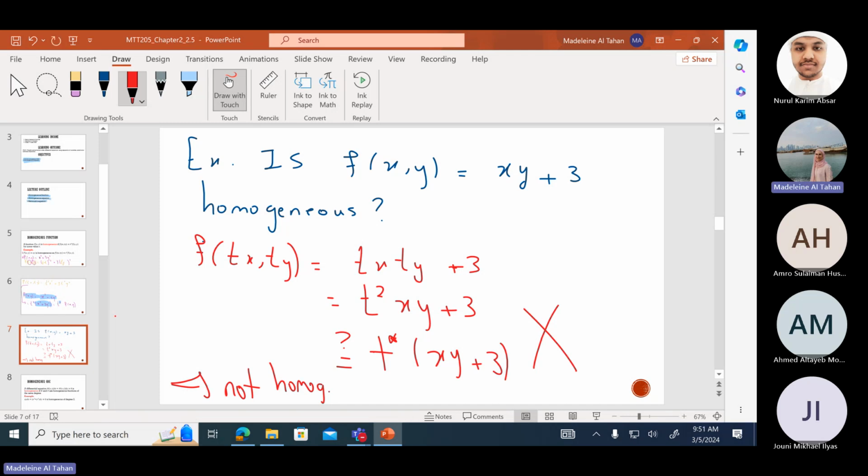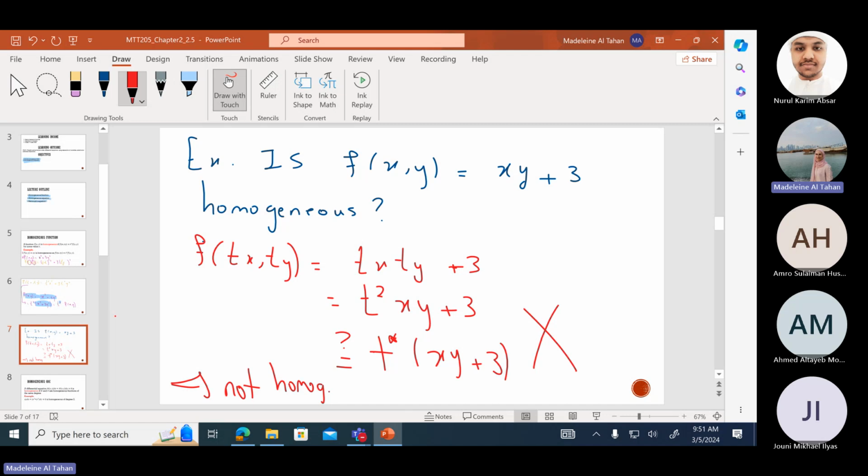Are we able to differentiate between homogeneous and non-homogeneous? To be homogeneous, you should write it in this way: t power something times f.